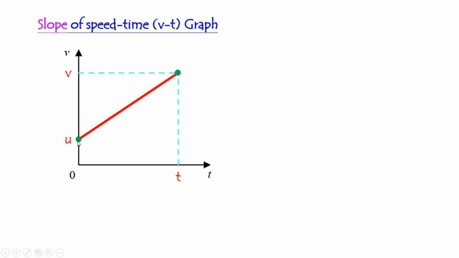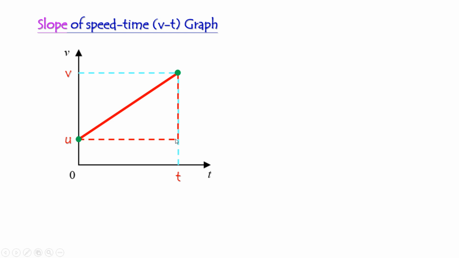So the first point, the initial point, means the initial speed of an object, and the last point is the final speed of an object. Is it okay? And how do we find the slope of a graph? Okay, do you still remember? If you use the vertical height and divide it by the horizontal distance, it gives you the slope of the graph. Is it okay?